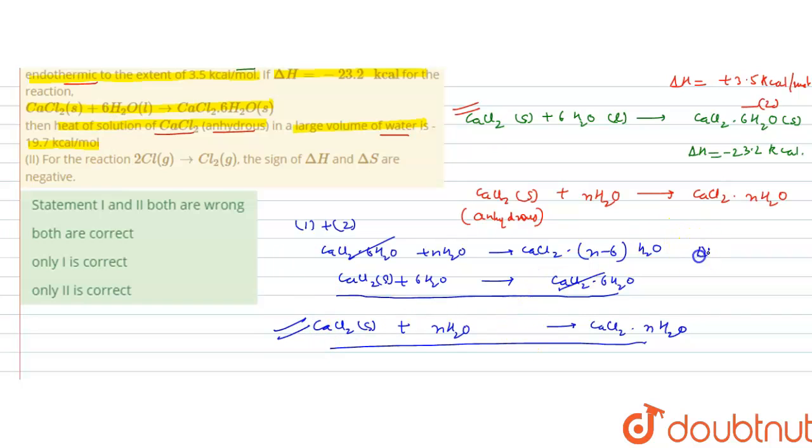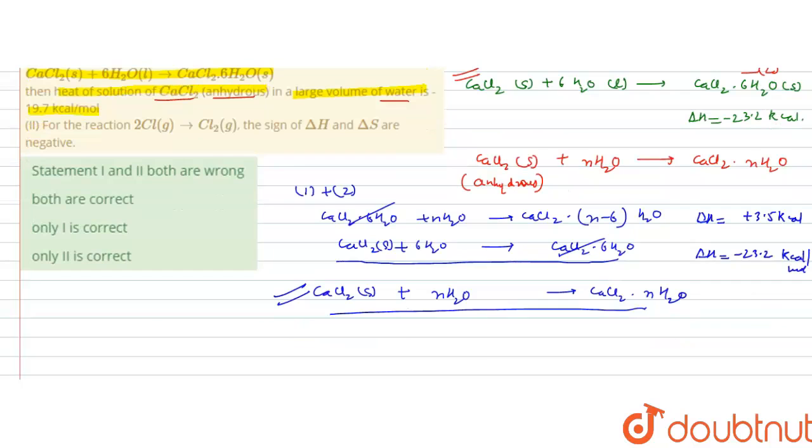Now ΔH for the first reaction is plus 3.5 kilocalorie per mole, and ΔH for the second reaction is minus 23.2 kilocalorie per mole. If we add these two reactions, then according to Hess's law, the total enthalpy change will be equal to the sum of these two.